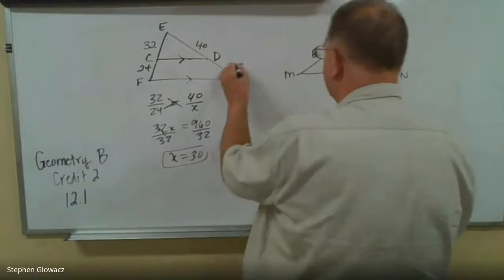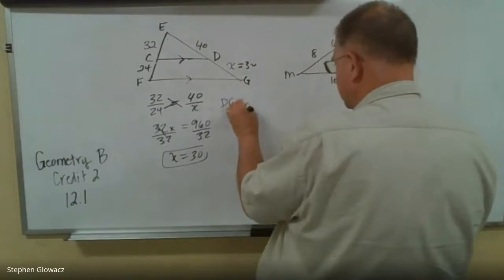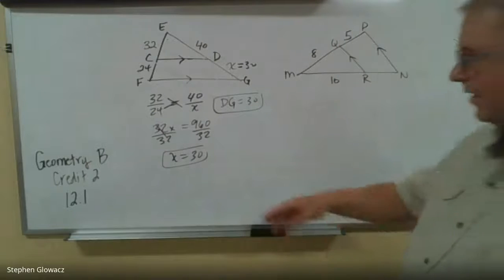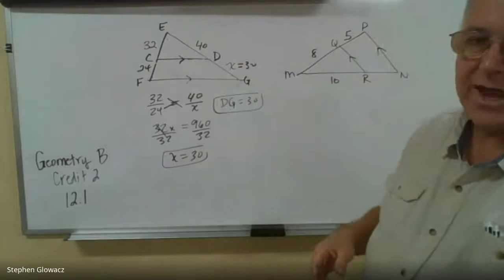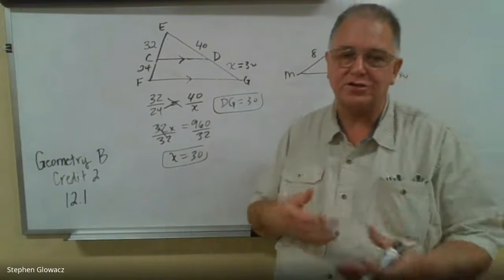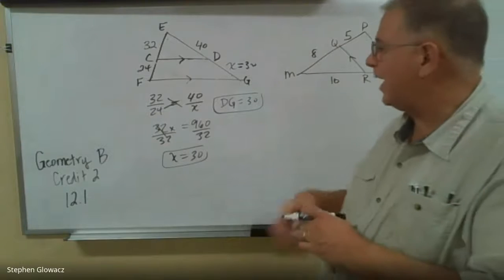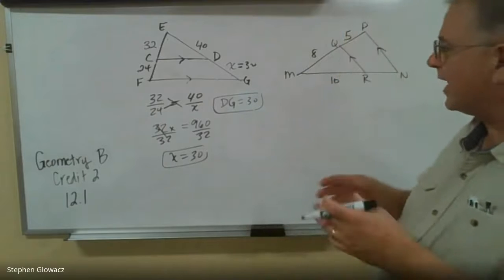So X is 30, which means, of course, DG is 30. And so that's a little bit less work because the original setup where we had 32 over 56 and 40 plus X, the way we learned it before, you had to distribute and all that. And so this is just a quicker and easier way of doing something that we kind of learned before.